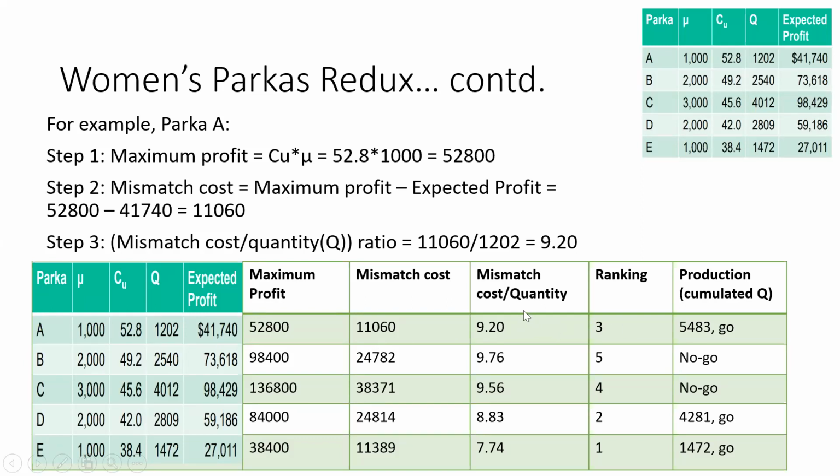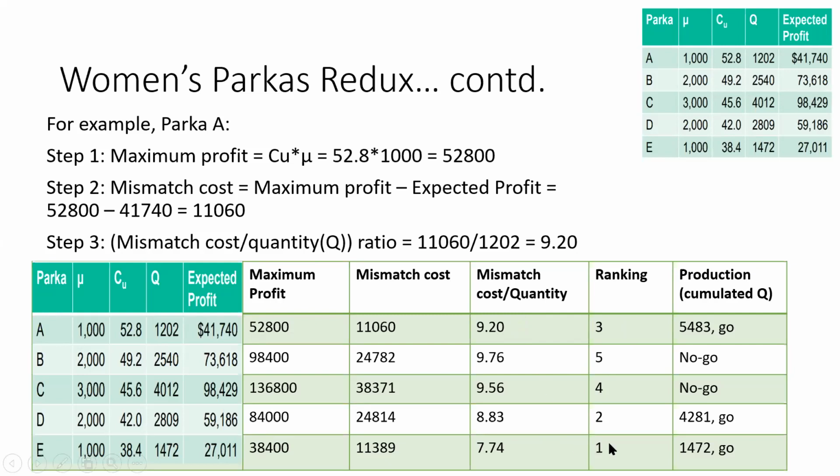So mismatch cost divided by quantity ratio: Paka A 9.2, Paka B 9.76, Paka C 9.56, Paka D 8.83, Paka E 7.74. And then ranking them from the least to the most.